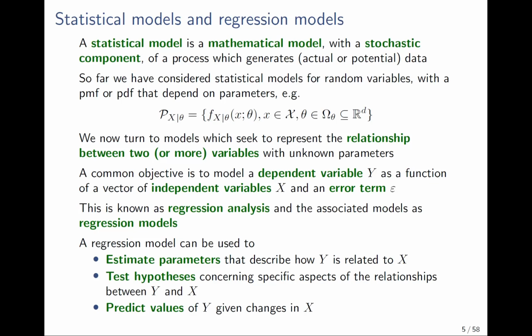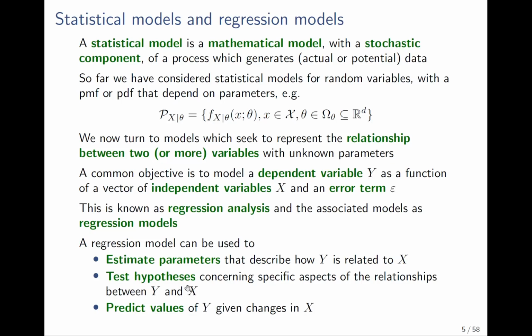So just to give a concrete example, let's say we're interested in modelling road traffic accidents. First, estimate parameters. We might be interested in what effect speed cameras have on road traffic accidents. So in that case, speed cameras are the x variable, road traffic accidents are the y variable. Test hypotheses. Once we've got a model, what range of road traffic accident outcomes are associated with a 10% increase in the number of speed cameras?